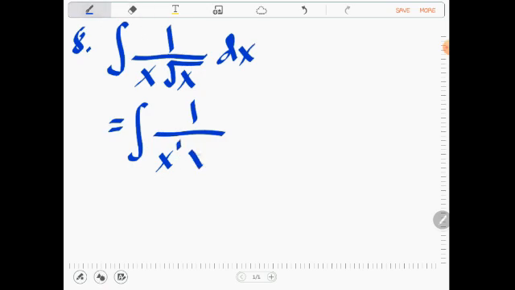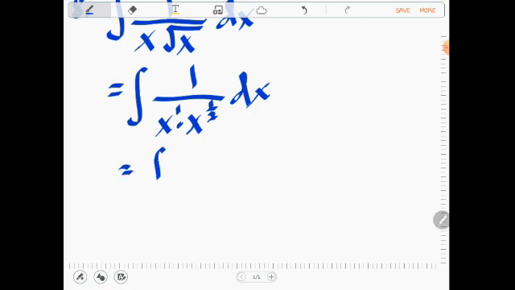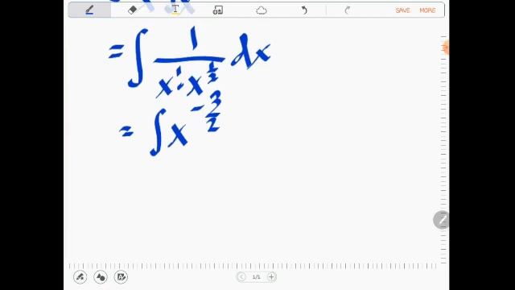Okay? Then, x times x raised to 1 half. Yun. So, pag minultiply natin ito, ay that is equals to 3 halves. Kaya lang, nasa denominator siya. So, pwede natin siyang i-rewrite na like this. So, integral of x raised to negative 3 over 2 dx.